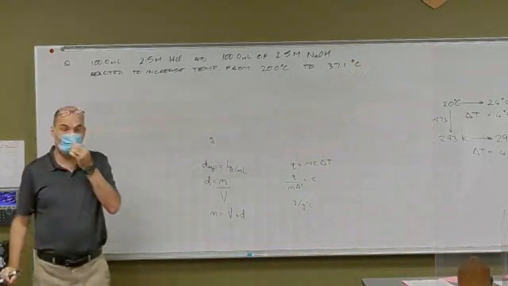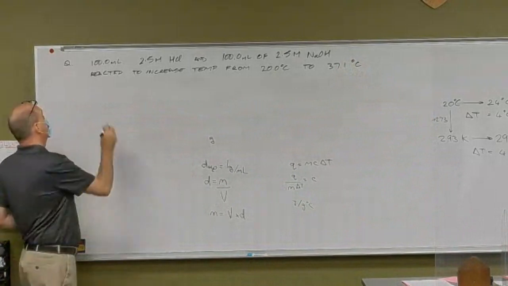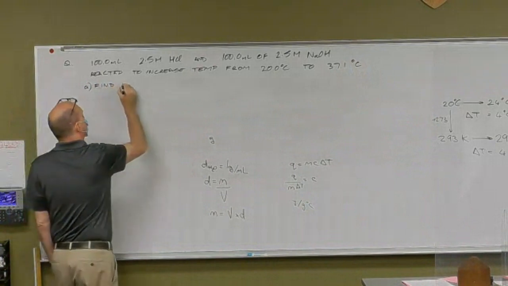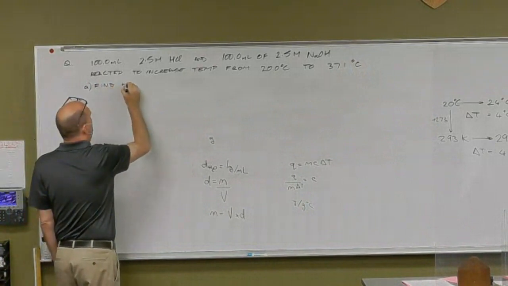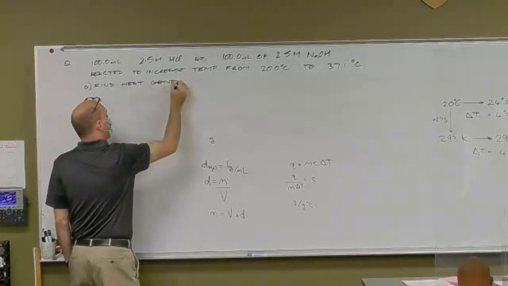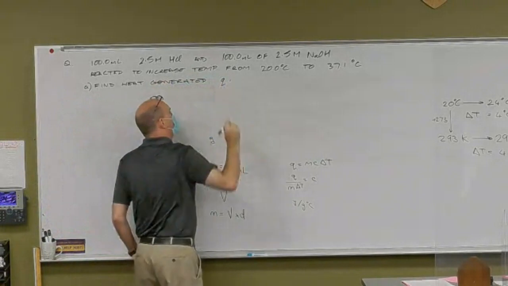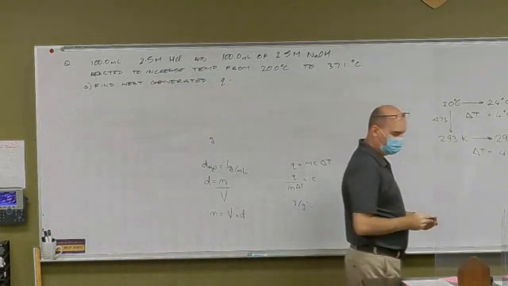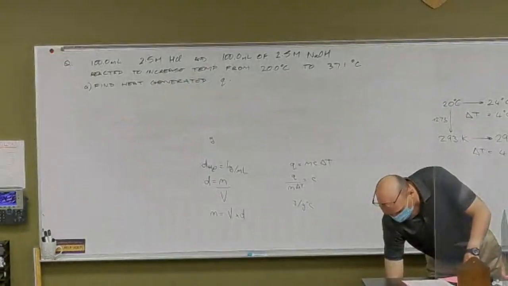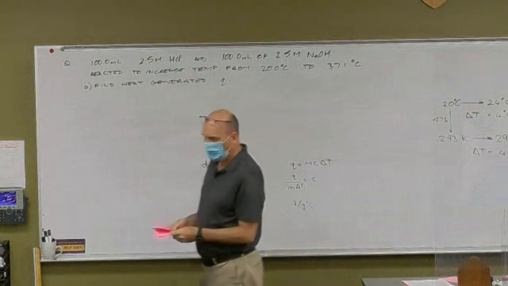We're going to ask you to do 2 things. You do not know how to do the second part yet. You do, however, know how to do the first part. You know how to find the heat Q. Okay.